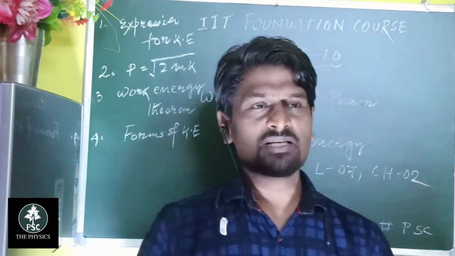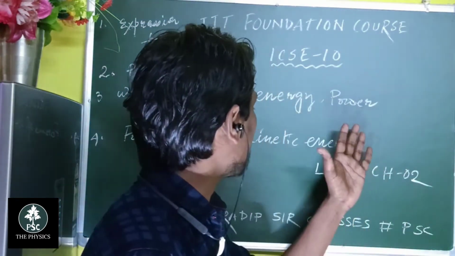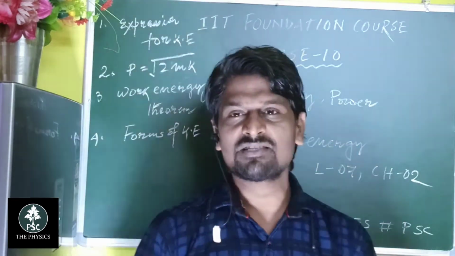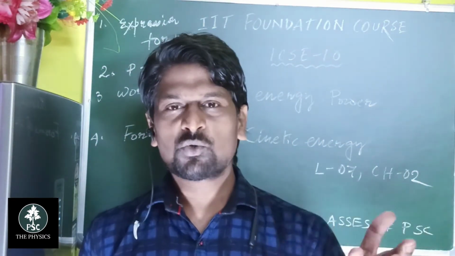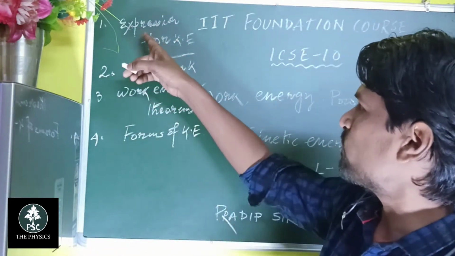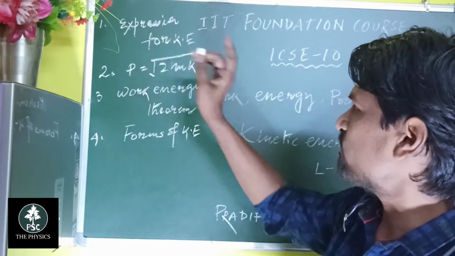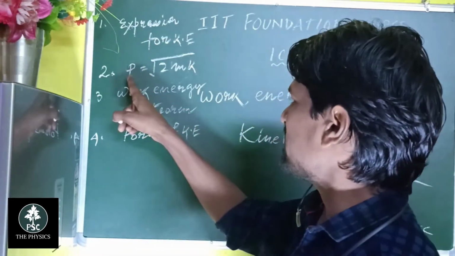Students, obviously we are in IIT Foundation course ICSE-10 Work Energy Power, Kinetic Energy, lecture number 7, chapter number 2. So students, for today's class, the main goal is we have to know the expression for kinetic energy and the relationship between the momentum.